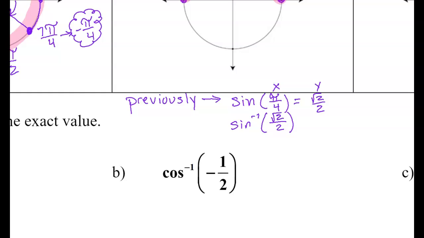Well, the angle that has square root of 2 over 2 as the y value that is in my restricted domain is pi over 4. So we're just doing the exact opposite. Before, we took an angle to find the value. Now we're taking the value to find the angle. It's just another way to solve. It depends on what we're missing. So now we're missing the angle, and we're trying to find the angle instead.